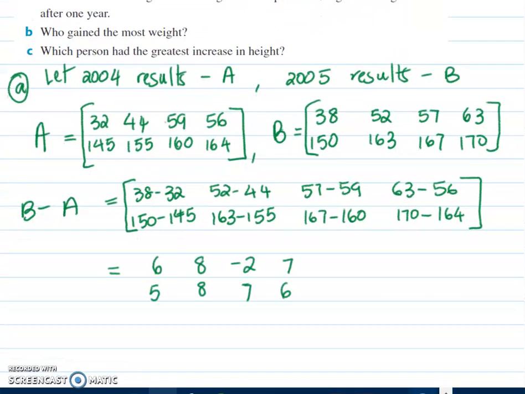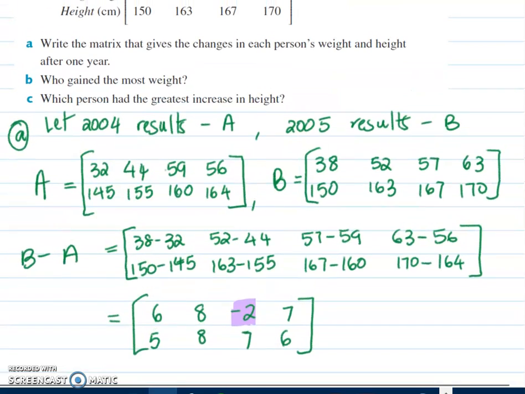And if we evaluate that, we end up with these values. Now, if you notice, there's a negative, which means that there's a drop.